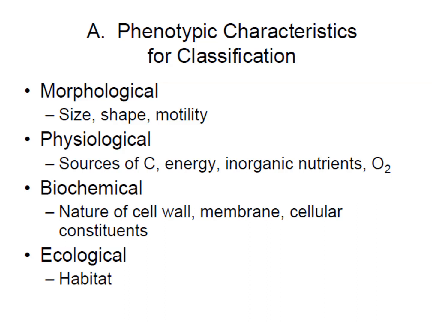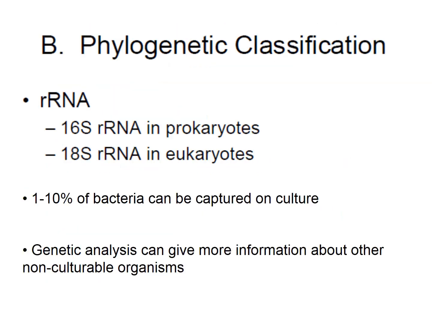In terms of biochemical analysis, we often consider the nature of the cell wall composition, their membranes, and their cellular constituents. When it comes to ecological differentiation, it sometimes helps to know a little about the habitat of the microbe and where it is isolated from, so we can classify and characterize them.